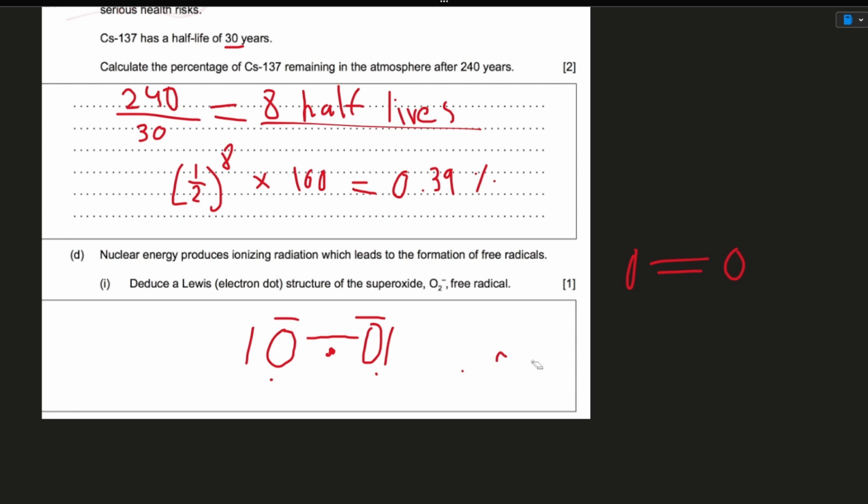And then obviously we can't forget the negative right here, so you can just write the brackets and the negative.